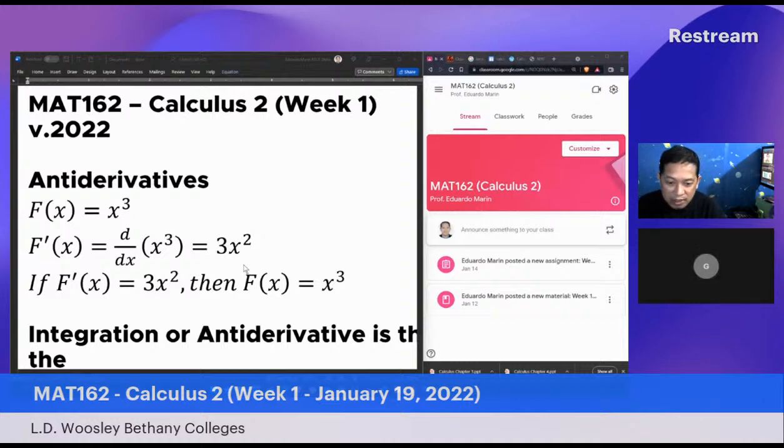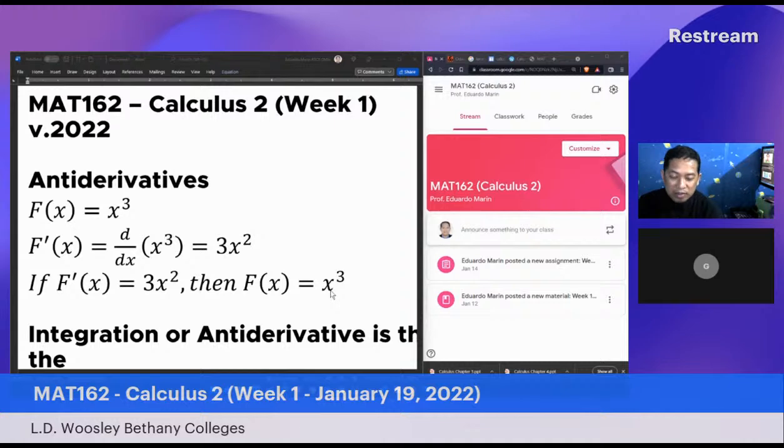Okay, we're discussing here as a review of the relationship of derivative and what we call antiderivative or integration. For instance, if you have f of x equal to x cubed, it follows that f prime of x is 3x squared. So it follows that if the derivative is 3x squared, then the function would be x cubed.